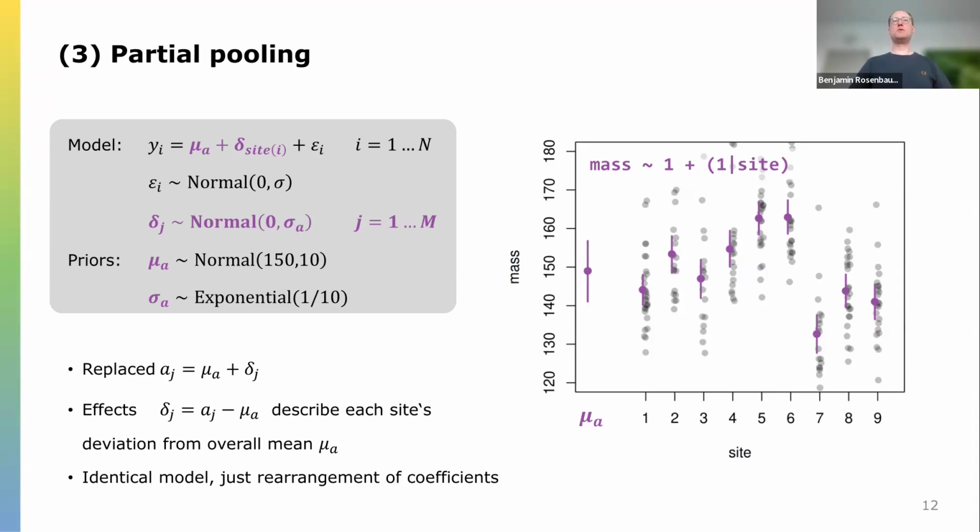We call this partial pooling because we are not fitting all of the sites separately, meaning we are not having this no pooling model, but we are also not pooling them completely. We are not ignoring the site, but we are allowing the site level deviation from the overall mean. So we are partially pooling information across sites.